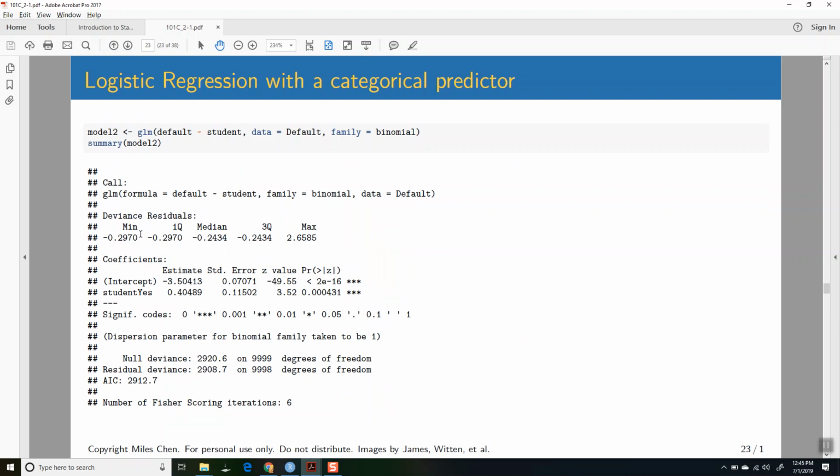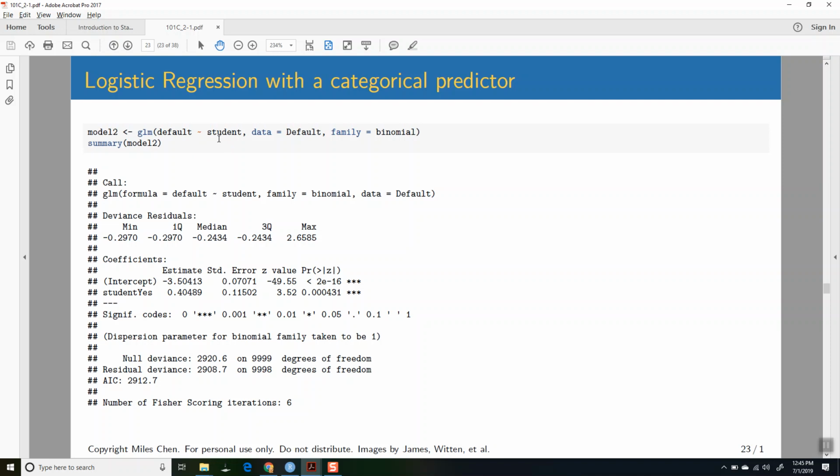If you have a categorical predictor, we can fit logistic regression models as well. So this time there's another variable called student, and student takes on the value yes or no. Is the person a student or not? And so this is a categorical predictor.